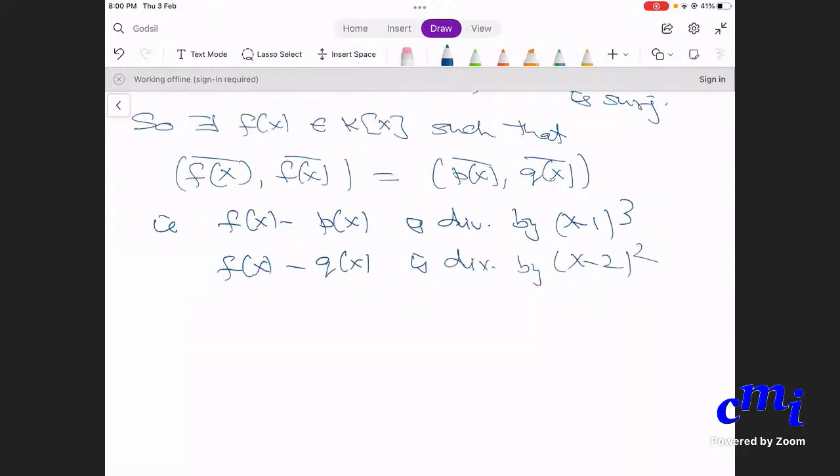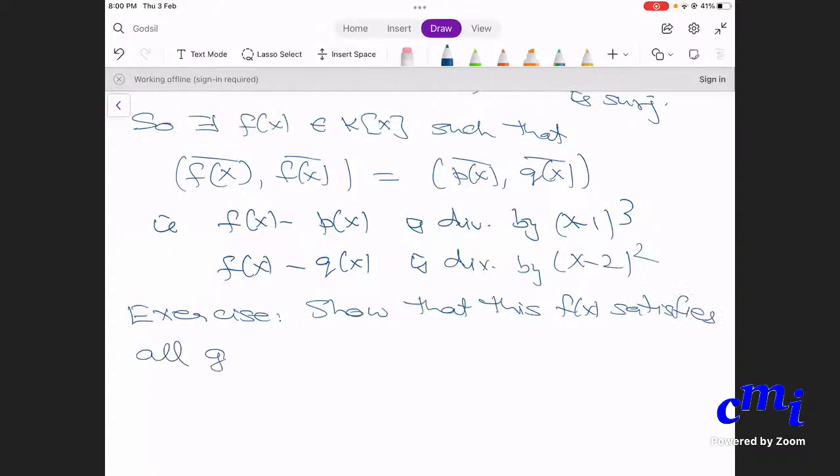Here is an exercise for you. Show that this f of x satisfies all conditions given, all the 5 conditions, and so solves our problem.